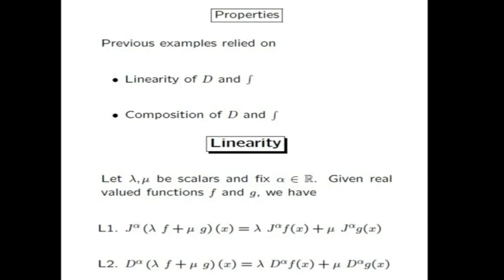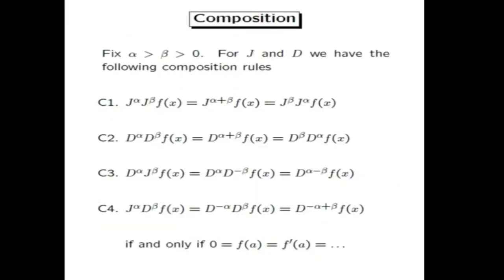L1 and L2 here is the linearity property for the integral operator of non-integer order and the derivative operator of non-integer order respectively, and C1 to C4 are the composition properties for the integral and derivative operator. So C1 is the composition of integral to the order alpha and integral to the order beta. So what we're saying here is that we can combine their exponents and we can interchange the order and expect the same result.